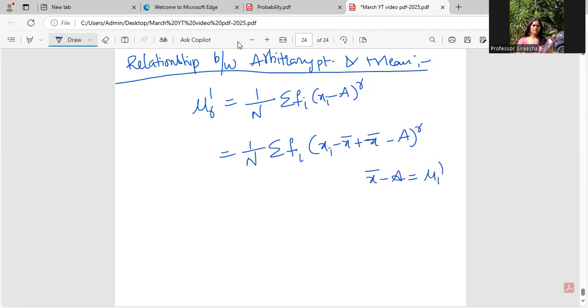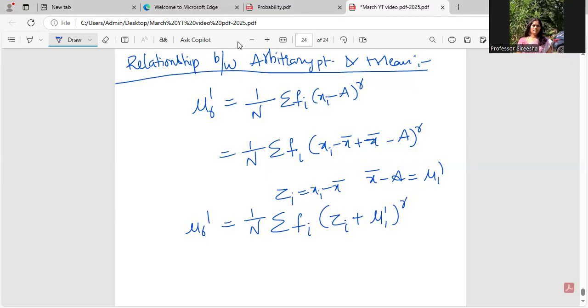Now, xi minus x bar, let me rewrite it to be zi, because along with xi values, z keeps changing. So z should be zi. Now, mu r prime, when rewritten, would look something like summation fi (zi plus mu1 prime) power r. Again, I have binomial coefficients only, guys, but the only thing is here it is plus.